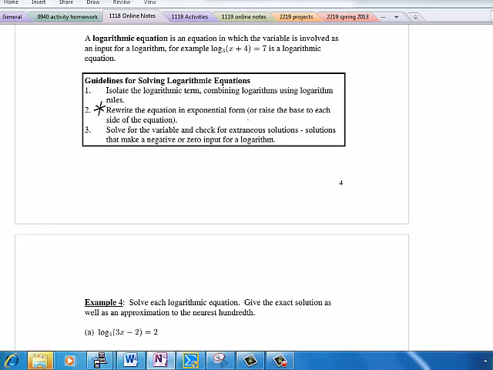So remember, we're switching to exponential form always in these equations. Solve for the variable and check for extraneous solutions. So we always want to make sure we throw out anything that would give us a negative or a 0 input for a logarithm. The inputs for the logarithms must be positive.